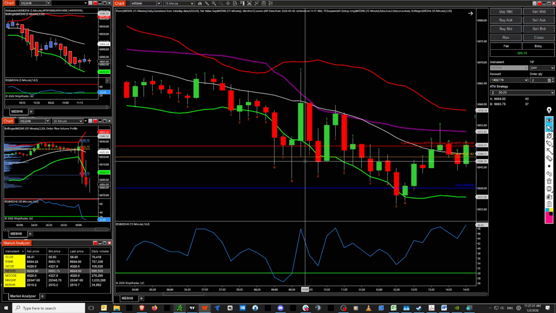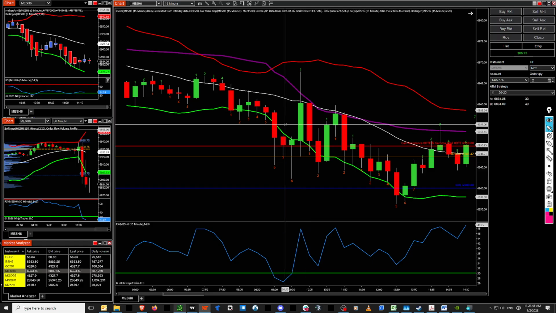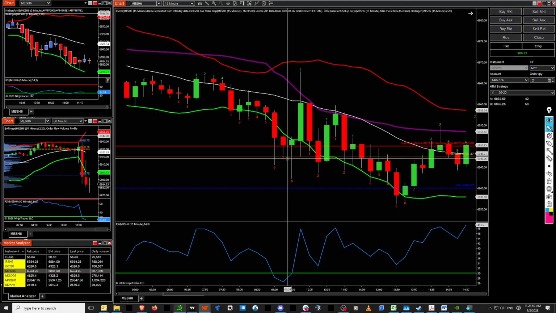Remember that a stop, here's a nugget, a stop is a point on a chart where your order becomes a market order. In other words, a stop is a place on the chart where you say, if price hits this, market me out of the trade.